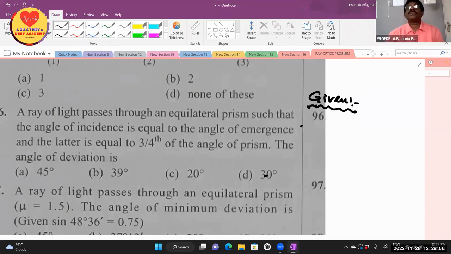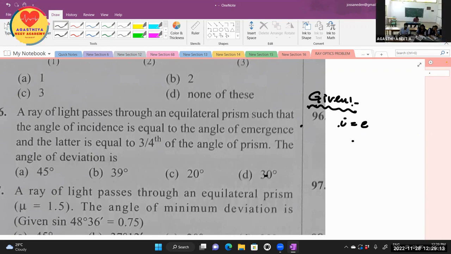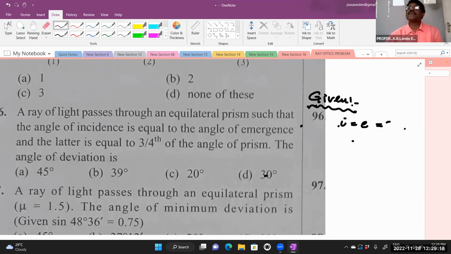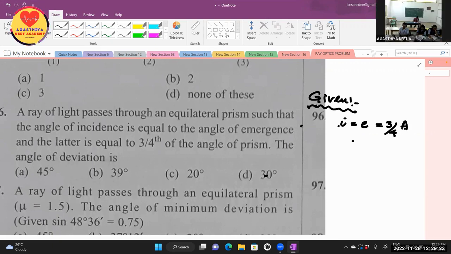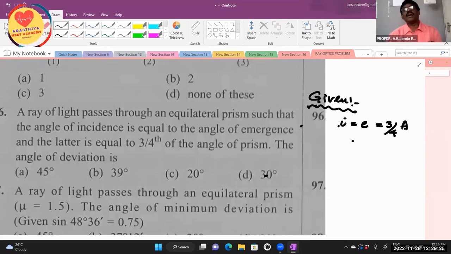The first condition is i is equal to e. The latter means the angle of emergence is equal to 3/4 of the angle of prism. How to find the angle of deviation? That is the question. Find delta.